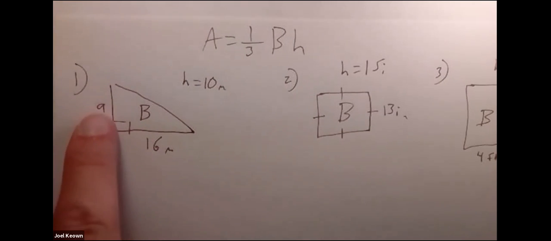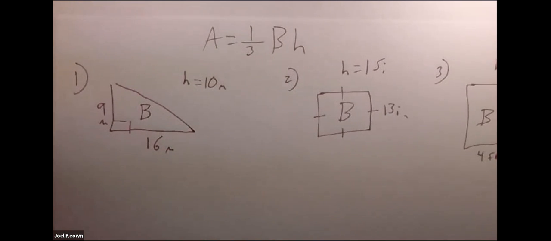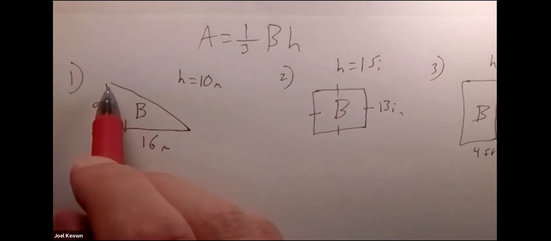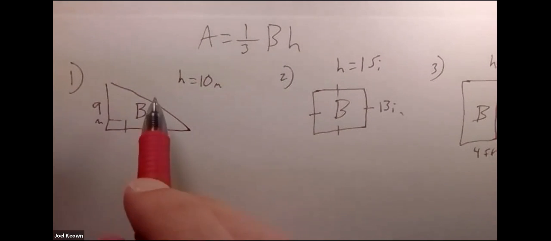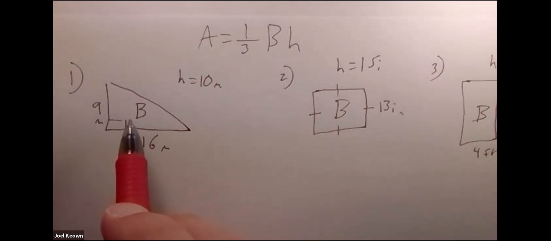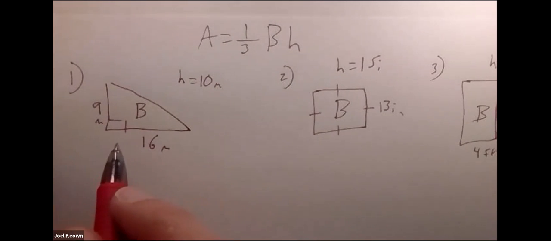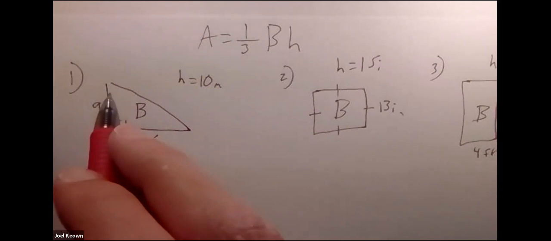So the first one had a triangle base, and it told me that I had a 90-degree angle right here, so it was a right triangle, which means this is the height, this is the base of my triangle. I want to find the area of the triangle. The area is going to be 1/2 base times height.